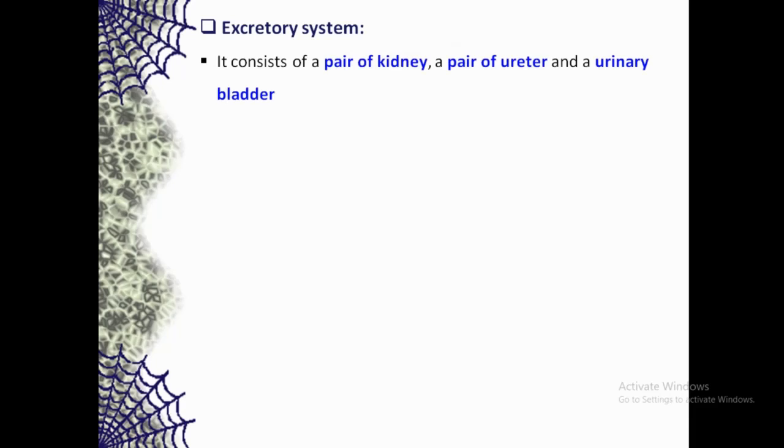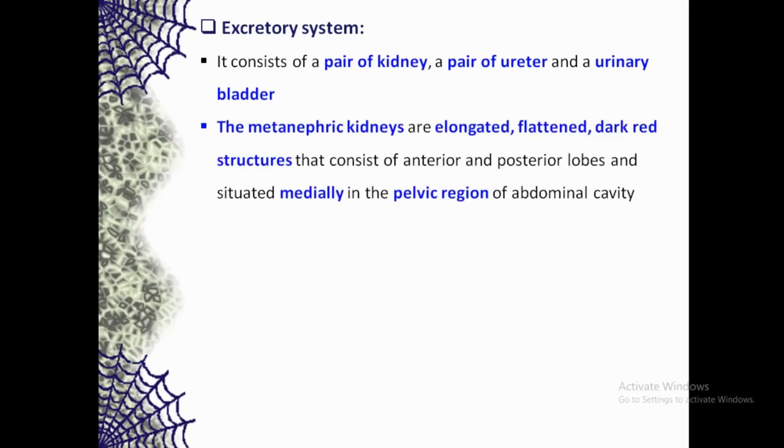Now, the excretory system is formed of several elements like a pair of kidneys, a pair of ureters, and a single urinary bladder. The metanephric kidneys, which are present in higher vertebrates, are elongated, flattened, dark red in color, and these structures consist of anterior and posterior lobes.